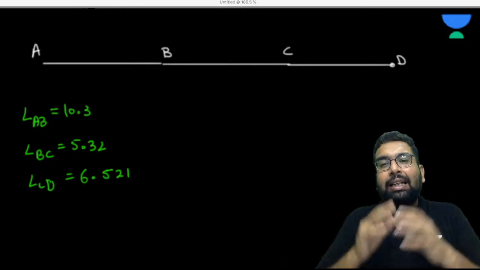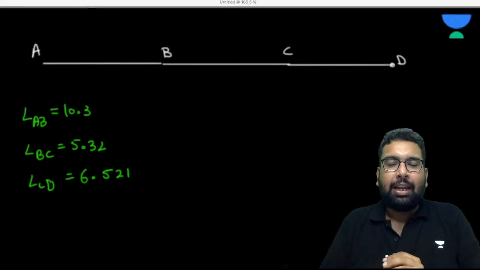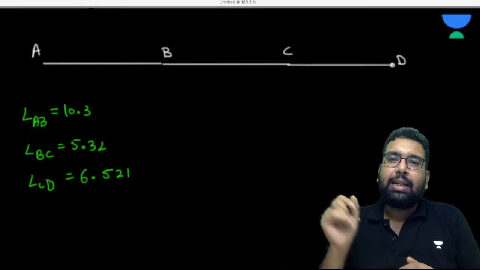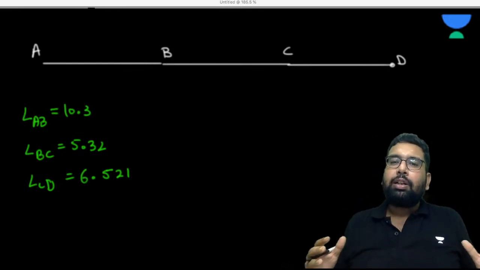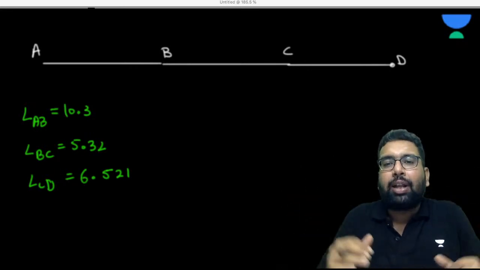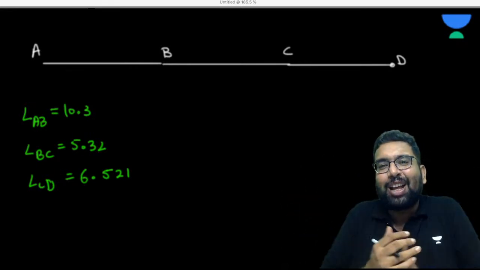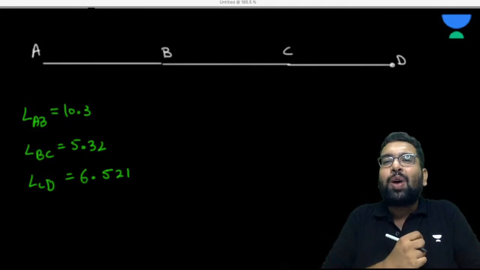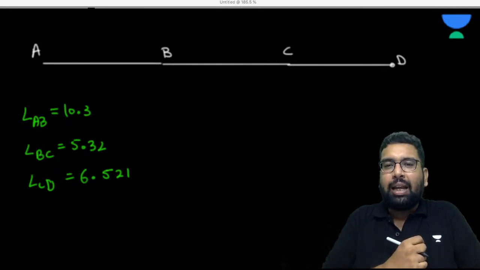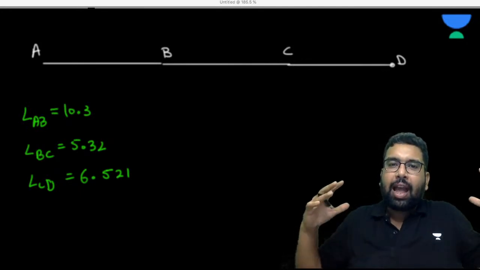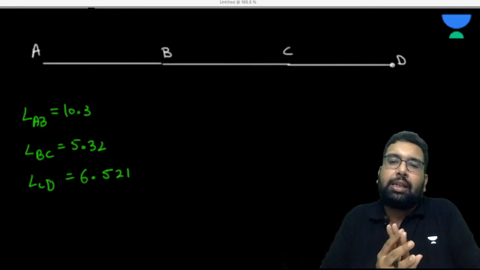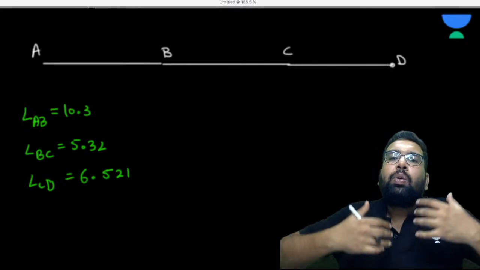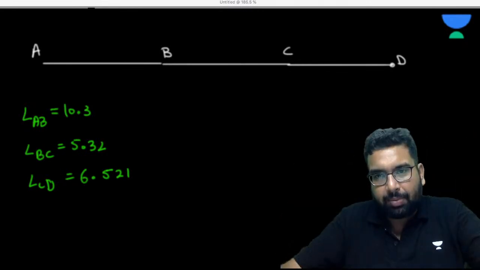Now let's see this philosophy. So we have AB, BC, and CD. Now, if I ask you, we have joined all of them. So what will be the accuracy of the final measurement?